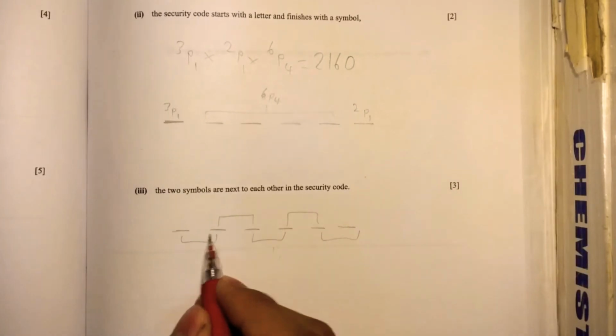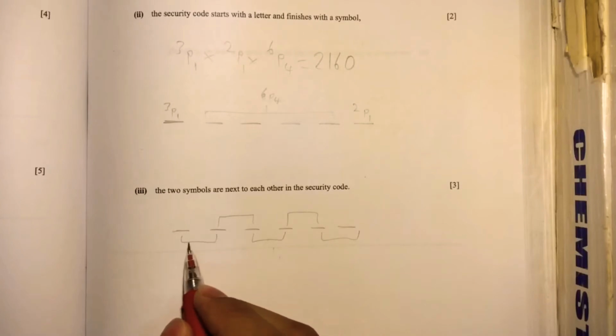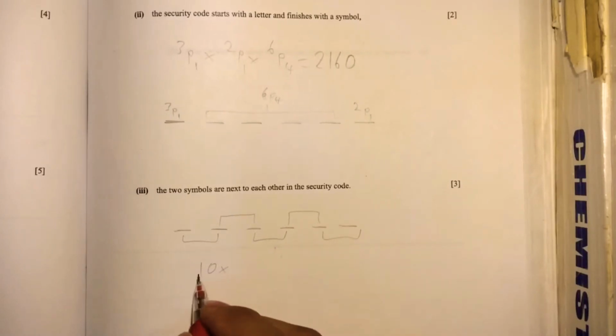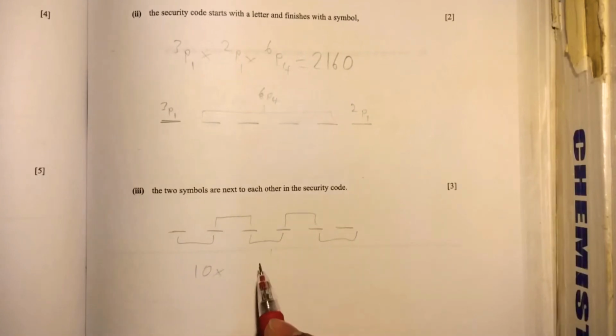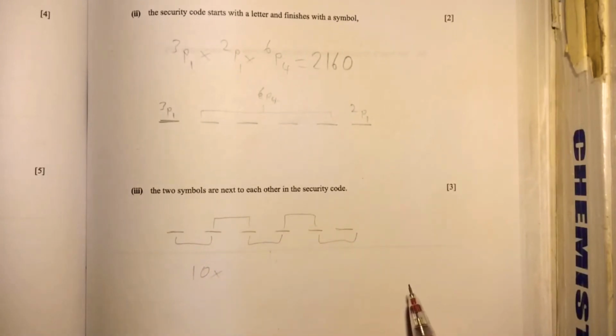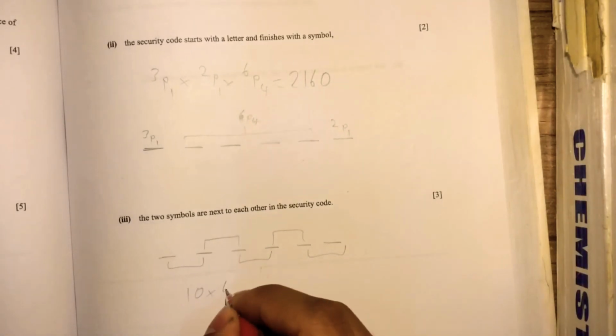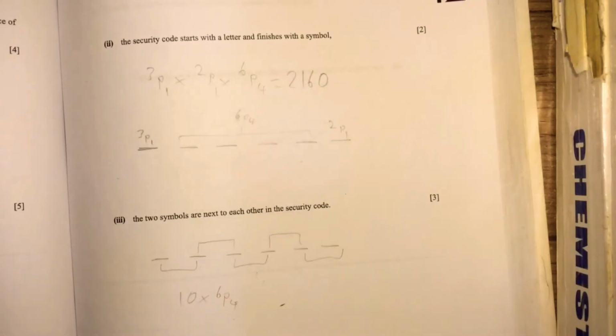And what if the symbols are reversed? So there are 10 places that the symbols can be. Now this is for the symbols. For the other 4 digits, we have 6 possibilities, 1, 2, 3, 4, 5, 6. So into 6P4.